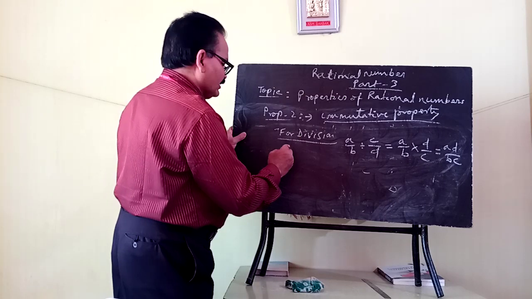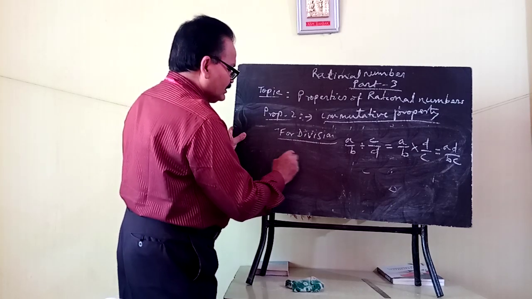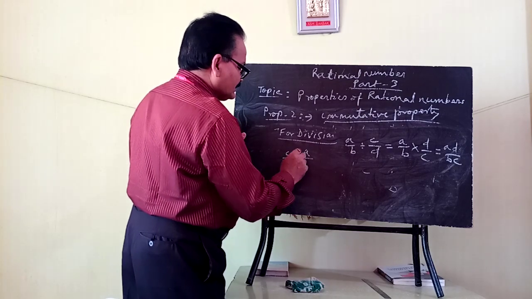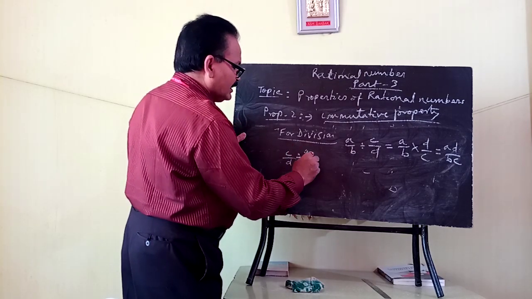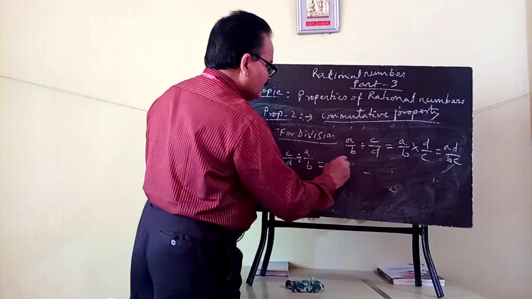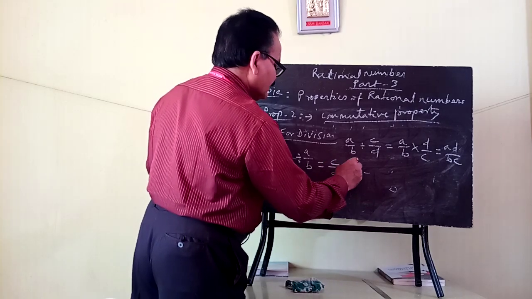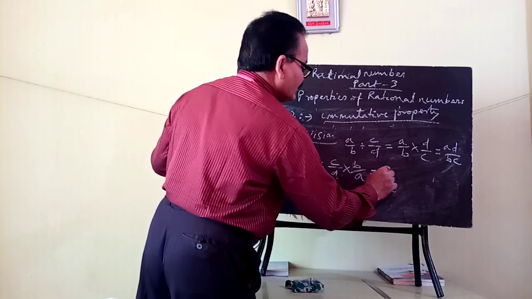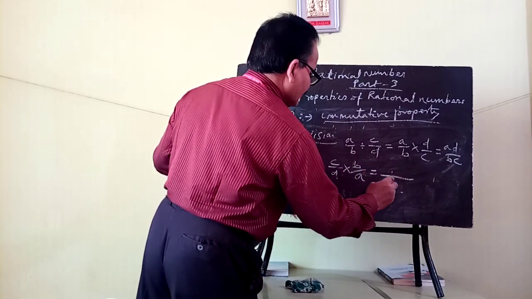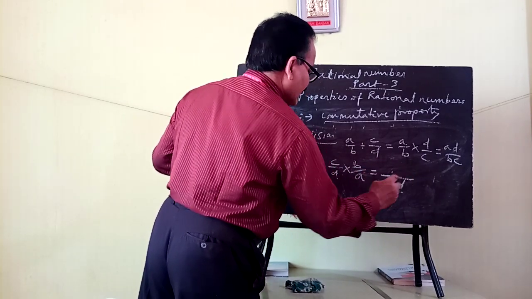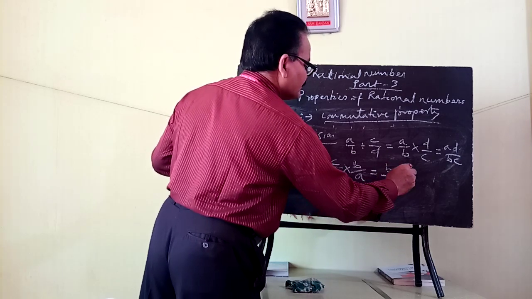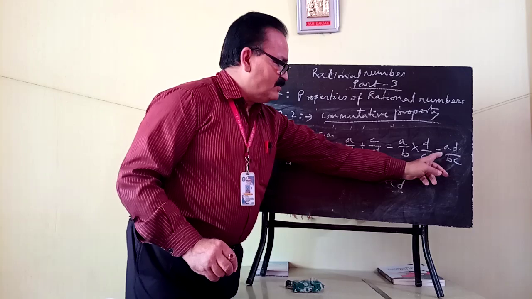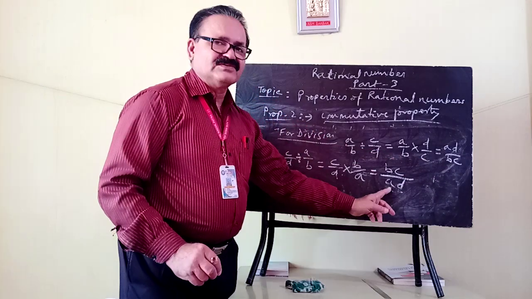If we change the order, if C by D divided by A by B, what will happen? It will become C by D into B by A. Again the answer becomes, denominator AD and numerator BC. So here the values are completely reciprocal to each other.